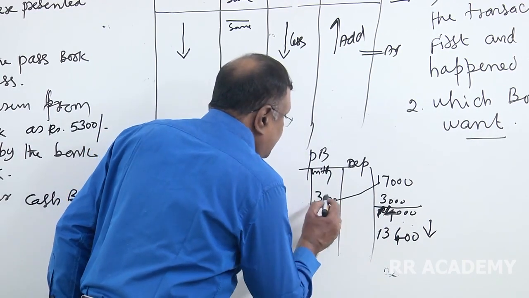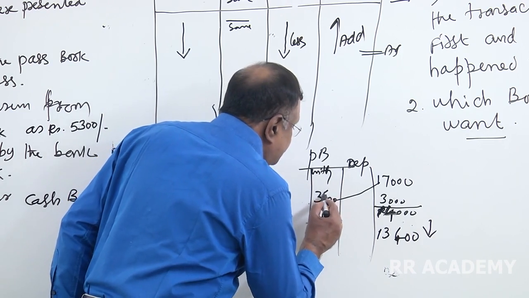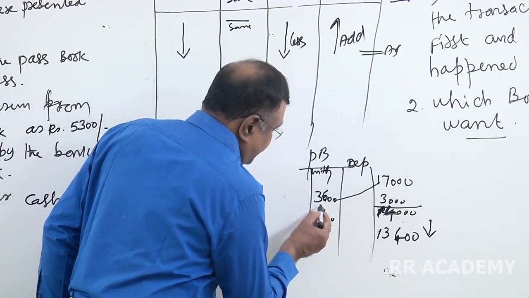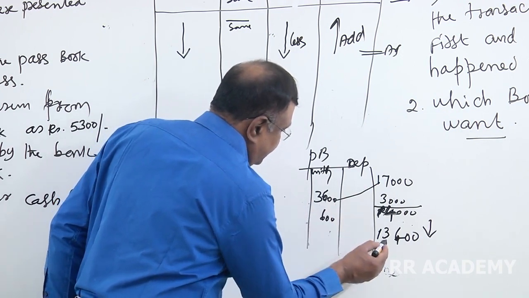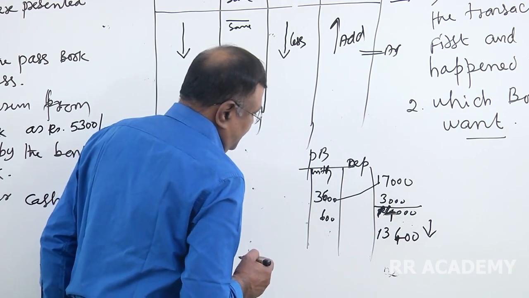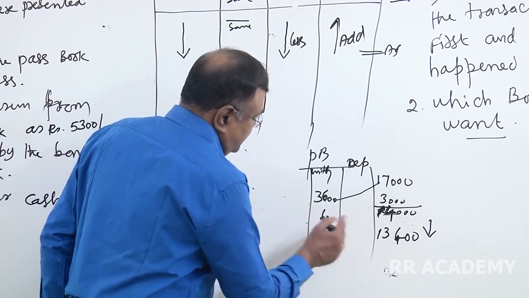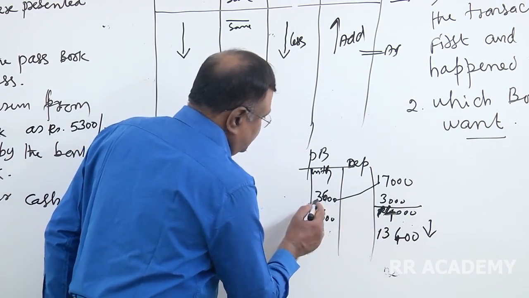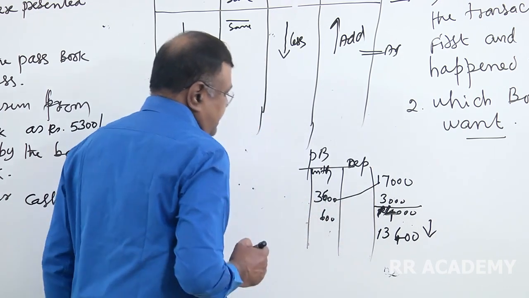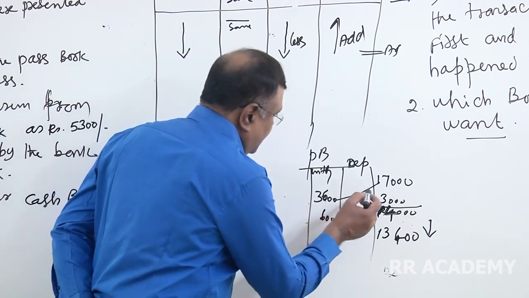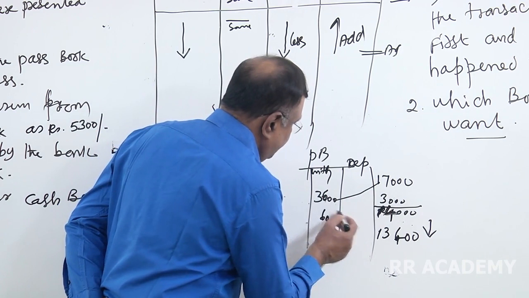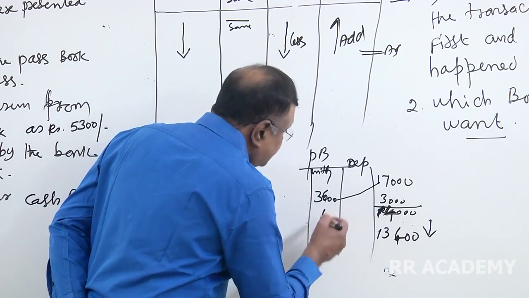Instead of 3,000, you have written 3,600. 17,000 minus 3,600 is 13,400. Yes, 13,000 plus 3 is 16, 400, 17,000. So, fine. Now, 17 minus 3 is 14, correct. 600 more.